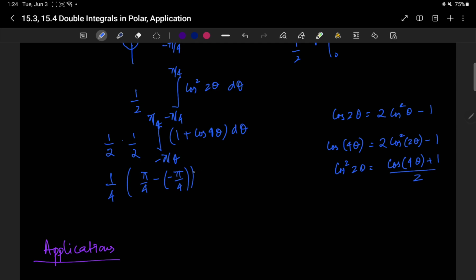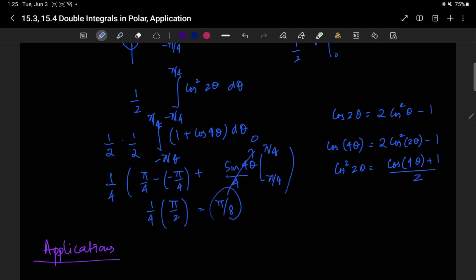The second integral becomes sine 4 theta over 4 from negative pi over 4 to pi over 4, which, when you plug in pi over 4, 4 times pi over 4 is pi, and at multiples of pi, sine is 0. So this becomes 0, and you end up with 1/4 times pi over 2, or pi over 8.